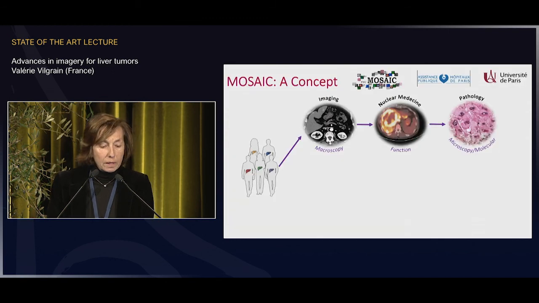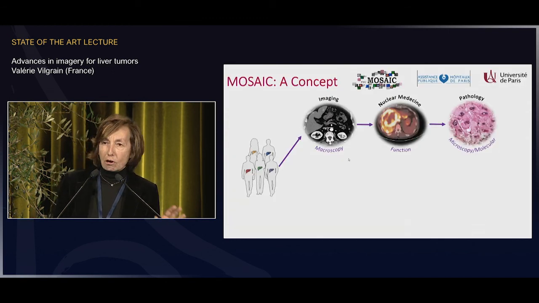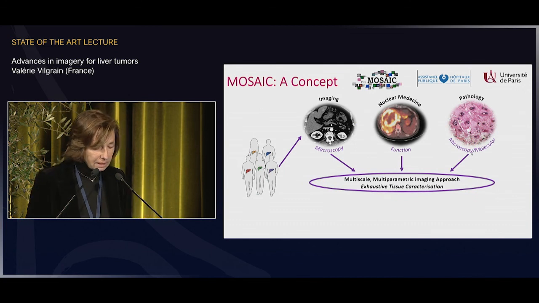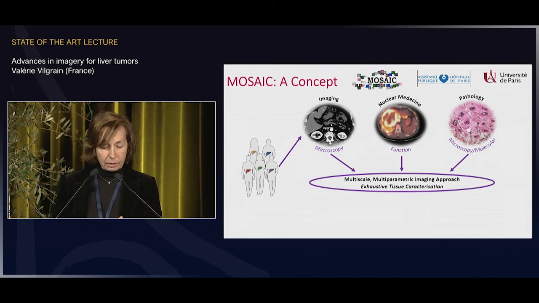But if we want to be ambitious, we will not stick only to radiology. We will combine all information dealing with images: imaging, nuclear medicine, pathology, in order to have a multi-scale, multi-parametric imaging approach.